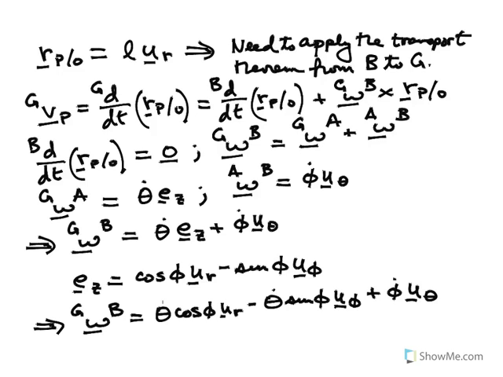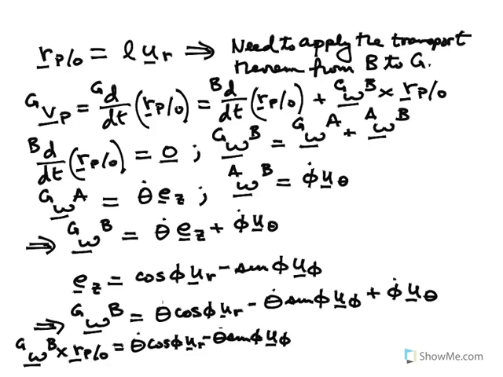So when we compute the cross product, we get that omega BG crossed with the position of P relative to O is equal to theta dot cosine of phi times UR minus theta dot times the sine of phi times U phi plus phi dot times U sub theta, crossed with L UR.